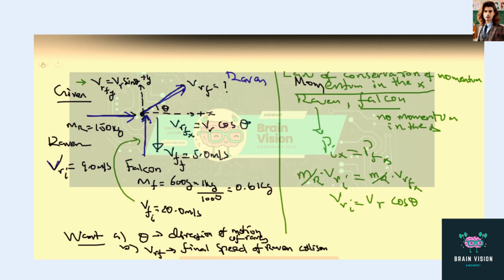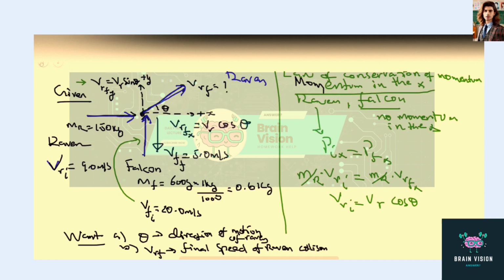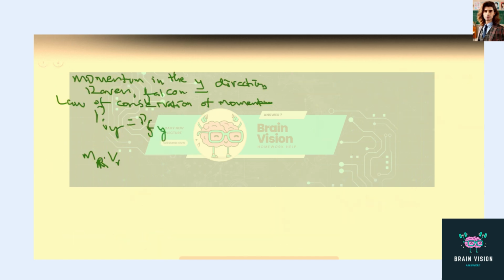Let me see, we have to use the right convention. So mass of raven and initial velocity of the raven in the y direction. That happens to be 0 meters per second because it's not moving in the y direction.